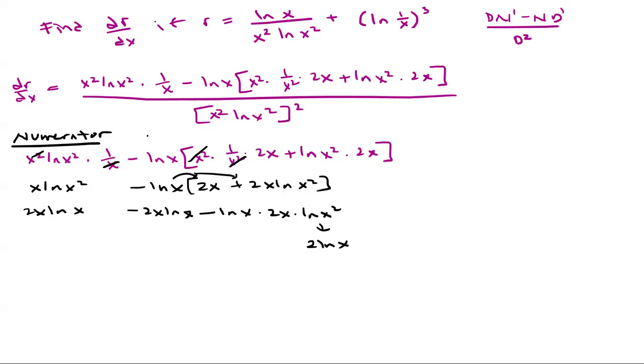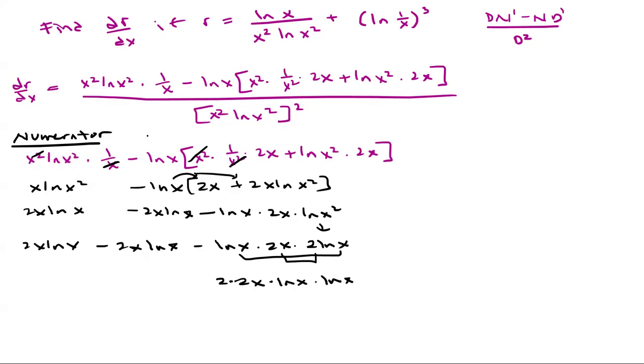So when we do that, we have 2x ln of x minus 2x ln of x minus ln of x times 2x times 2 ln of x. Notice that I can combine these together and then combine these together. So that's going to give me 2 times 2x times ln of x times ln of x.